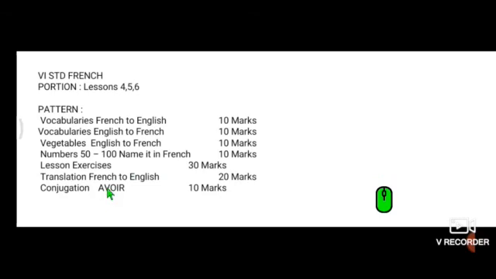So your part is to learn this French to English translation, 20 marks. Write and see that, and the lesson exercises also you have to write and practice. Even though I have just revised it, you have to do your part. Practice it well, and our verbs, please write and see.